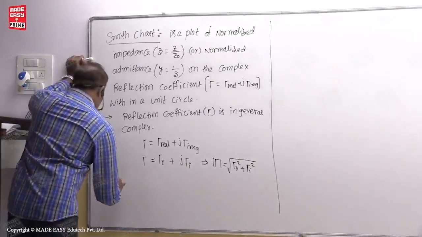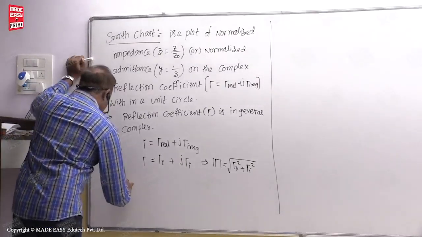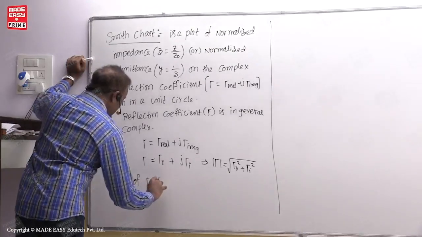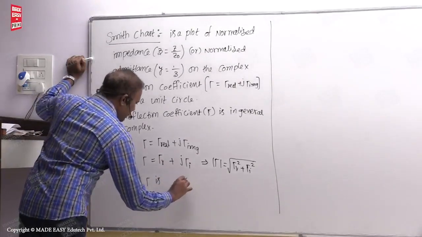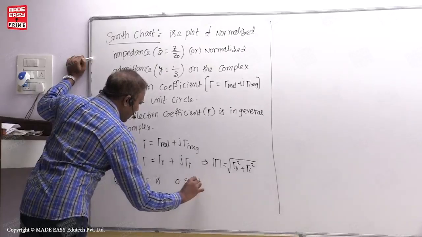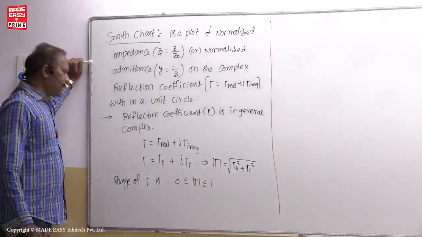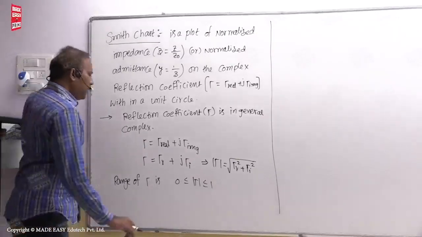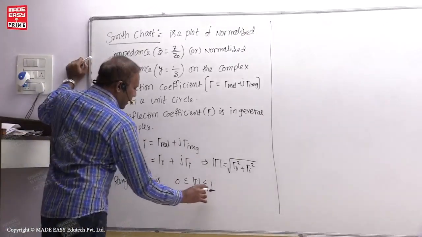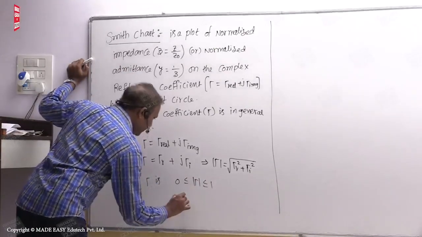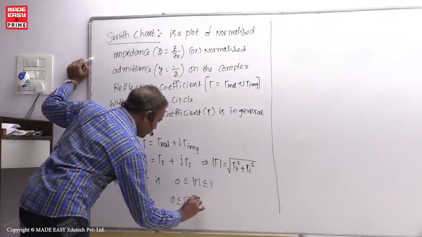Now range of gamma, we have studied this, 0 less than or equal to mod gamma less than or equal to 1. We have studied this one already. So the least value is 0 and highest value is 1.